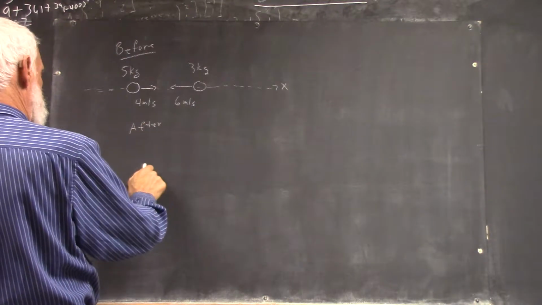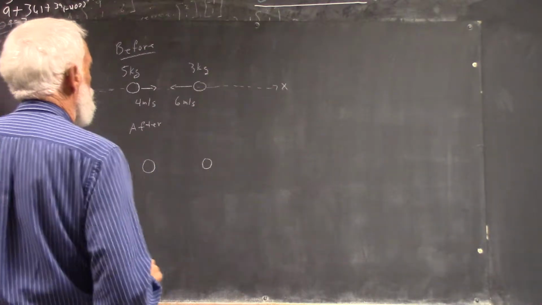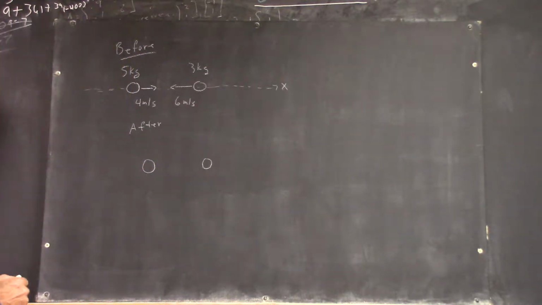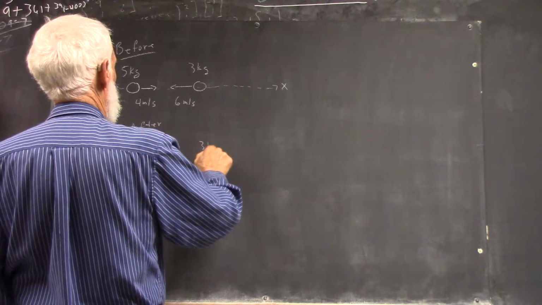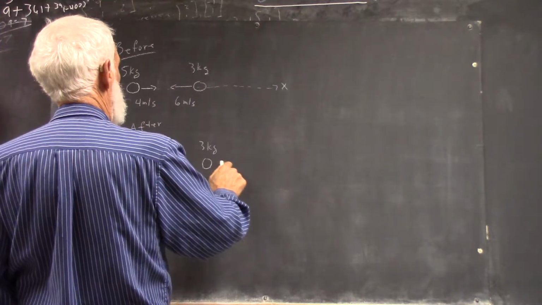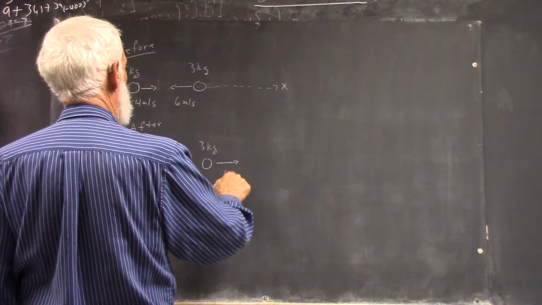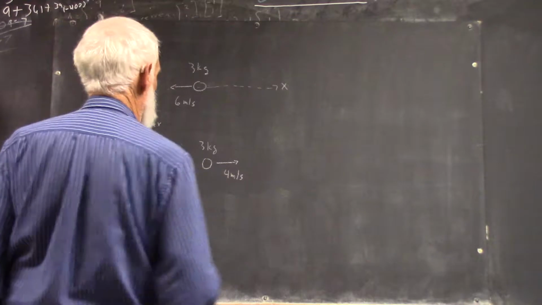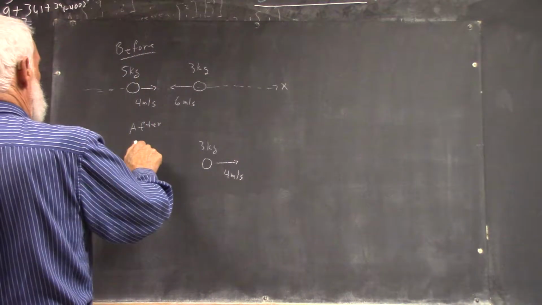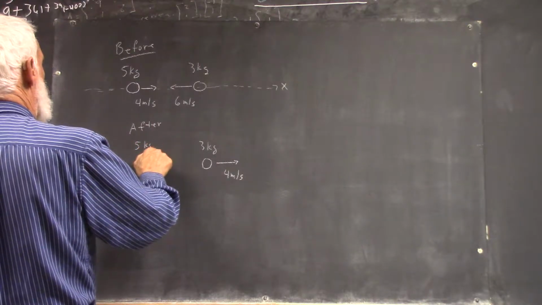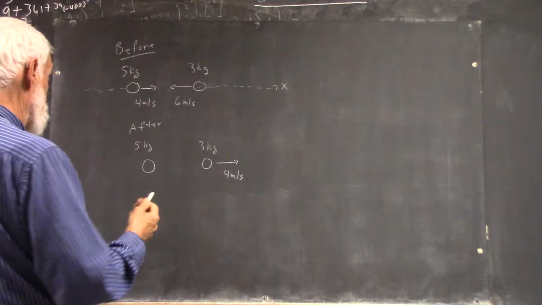After the collision, well, let's say that the 3 kilogram object moves off in this direction at 4 meters per second. And the 5 kilogram object has some unknown velocity.